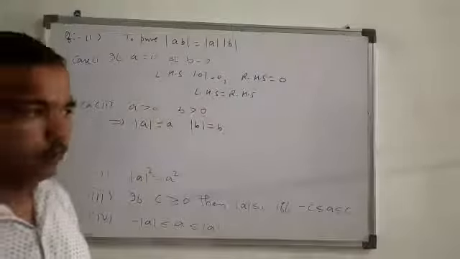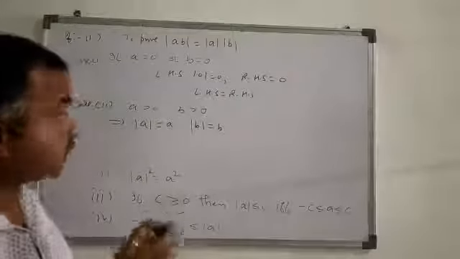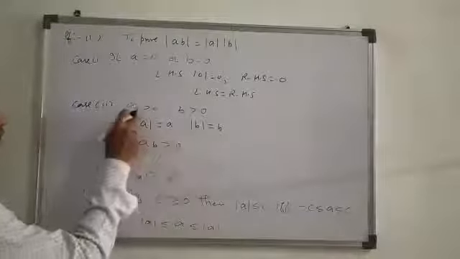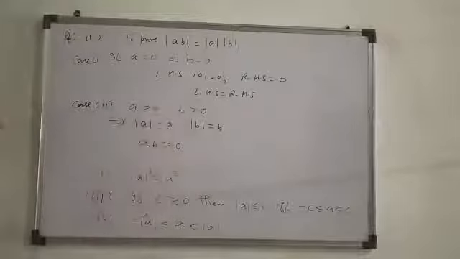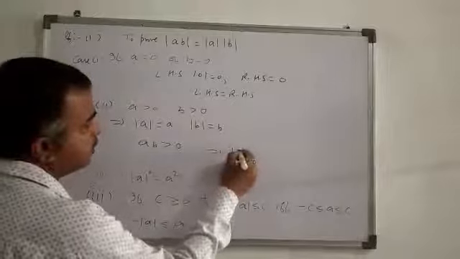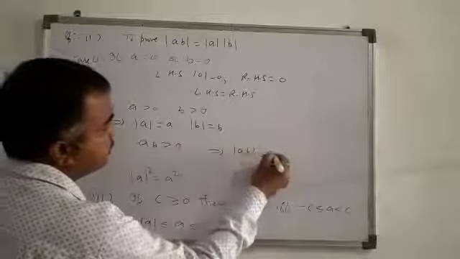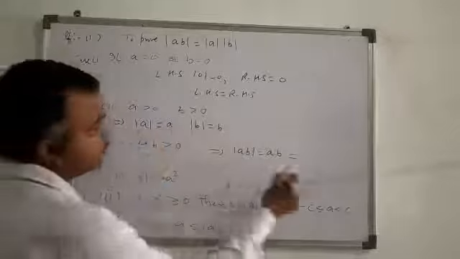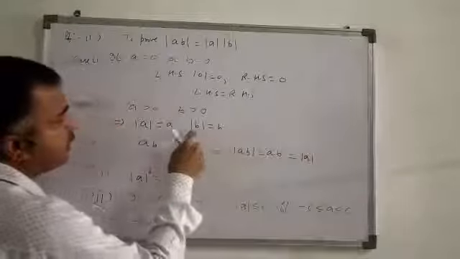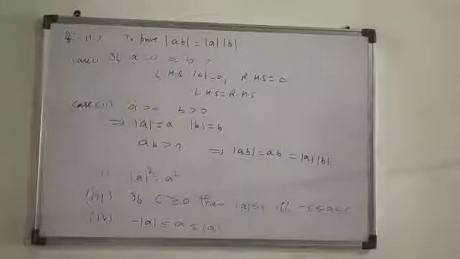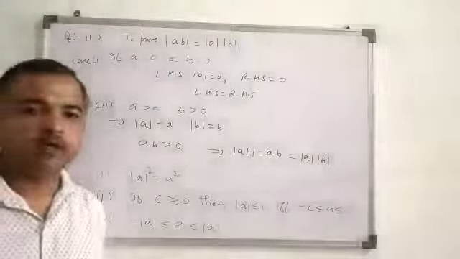Earlier we have discussed that the product of two positive real numbers is positive. It means a into b is also positive. And again, by definition, it implies the absolute value of ab is equal to ab. Now a equals mod of a and b equals mod of b. So this proves the result when a and b are both positive real numbers.